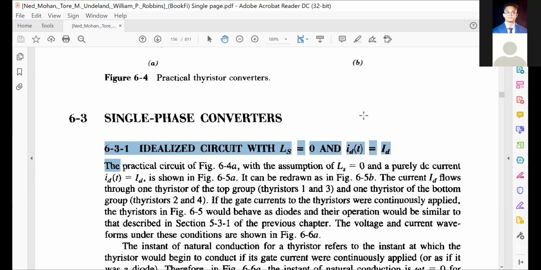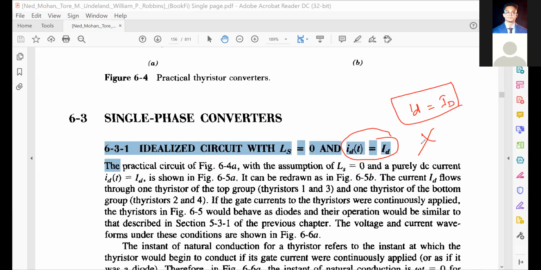First, we shall not consider any source inductance, and here they mention that we shall take ID equal to capital ID, that means highly inductive load. But before going to the highly inductive load, let us study for the resistive load.